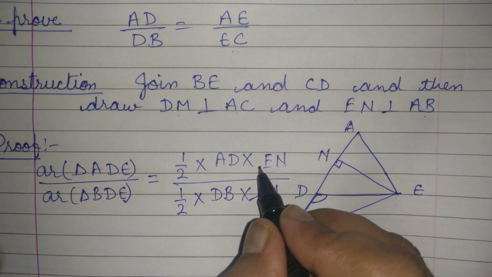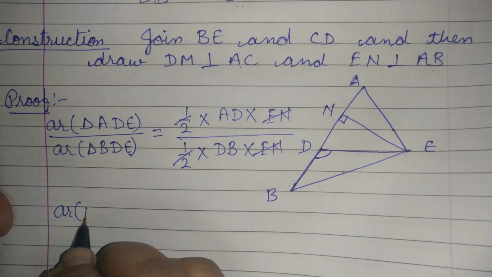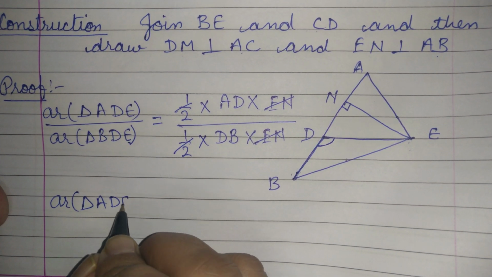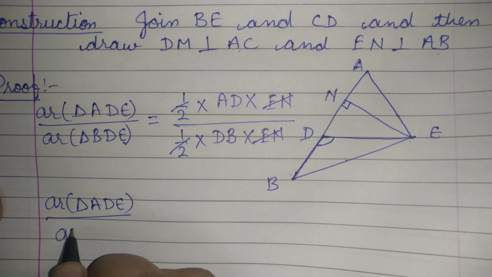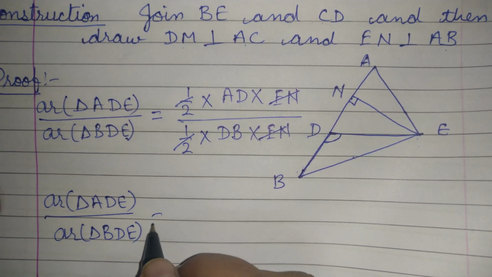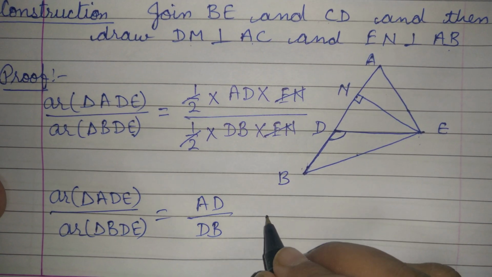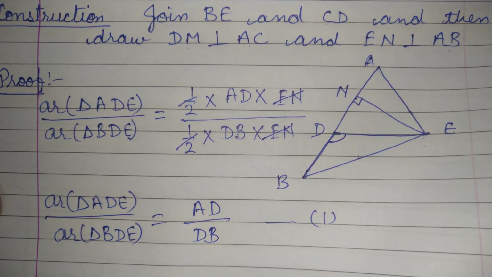Let us cancel common factors EN and half. We will get area of triangle ADE upon area of triangle BDE is equal to AD upon DB. Let us take this equation as number 1.